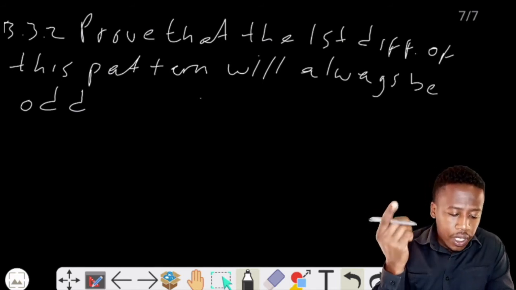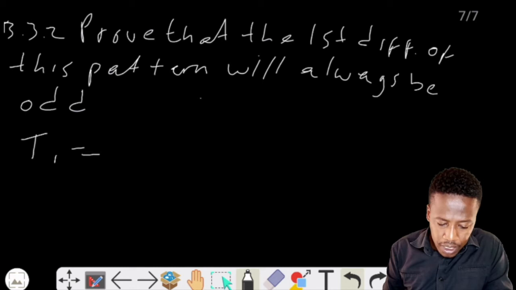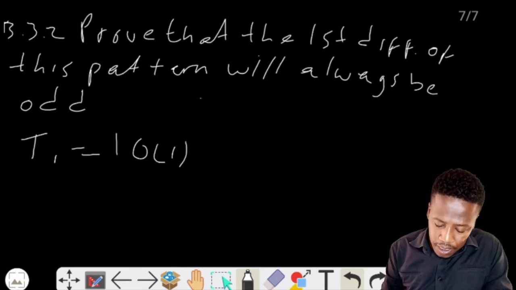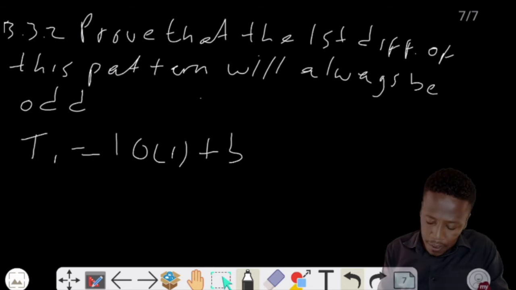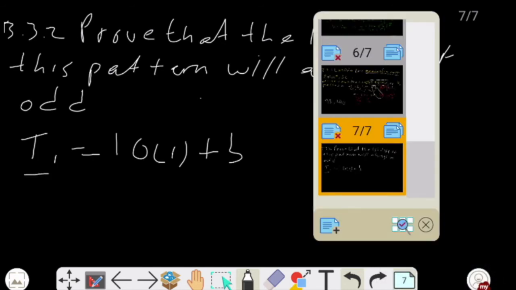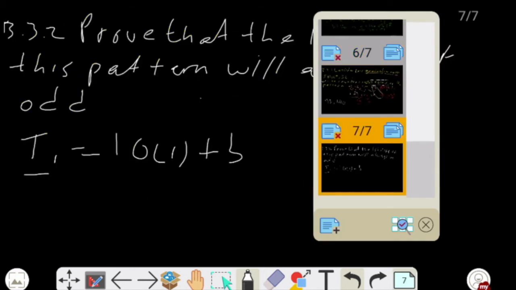right? It won't be a whole number. All right, remember, let's take T1, our first term, and try to calculate our B. We are taking the first term and trying to get our B. Our T for the first term in our first difference is 7.